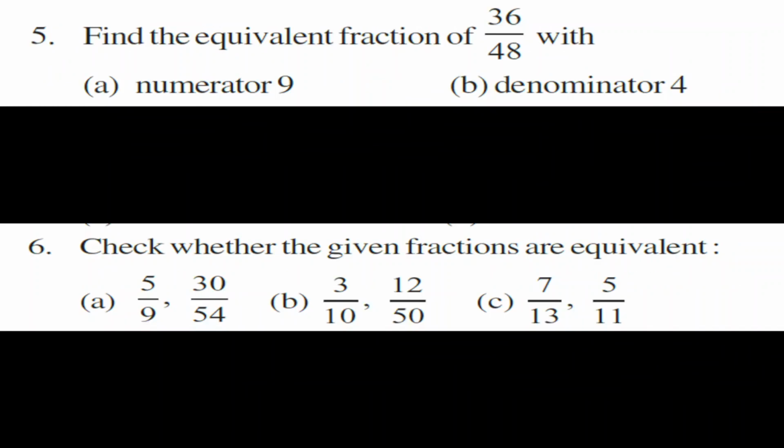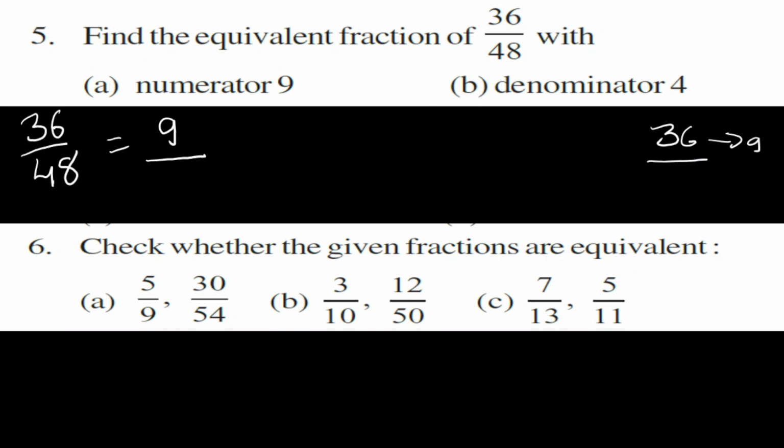And coming to the next one, find the equivalent fraction of 36 by 48 whose numerator is 9. Here the numerator became 9. This 36 became 9. So you know that 9 4s are 36. So we need to divide this 36 by 4.